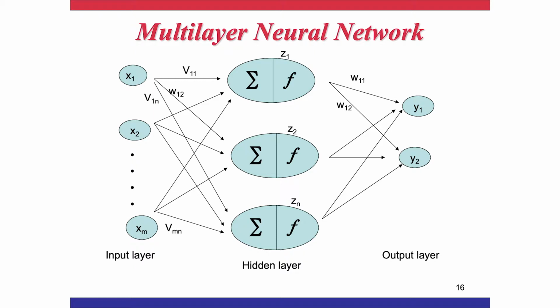The neurons in the hidden layer take data from the multiple input nodes of the input layer, and these input nodes get combined with different weights to each of the hidden layer nodes. Each of the hidden layer nodes will have a summation and an activation function, and from there it will converge to the output layer.